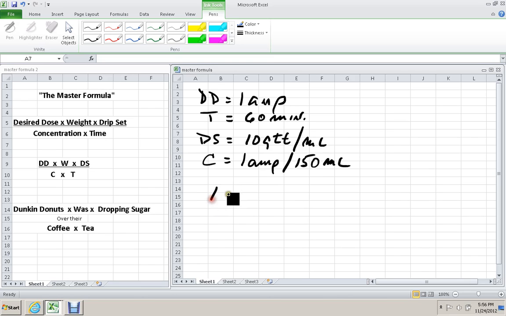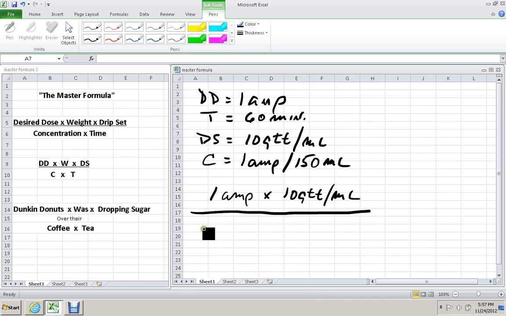We have 1 amp times the 10 drop set per milliliter divided by the concentration. That's 1 amp per 150 ml times 60 minutes.